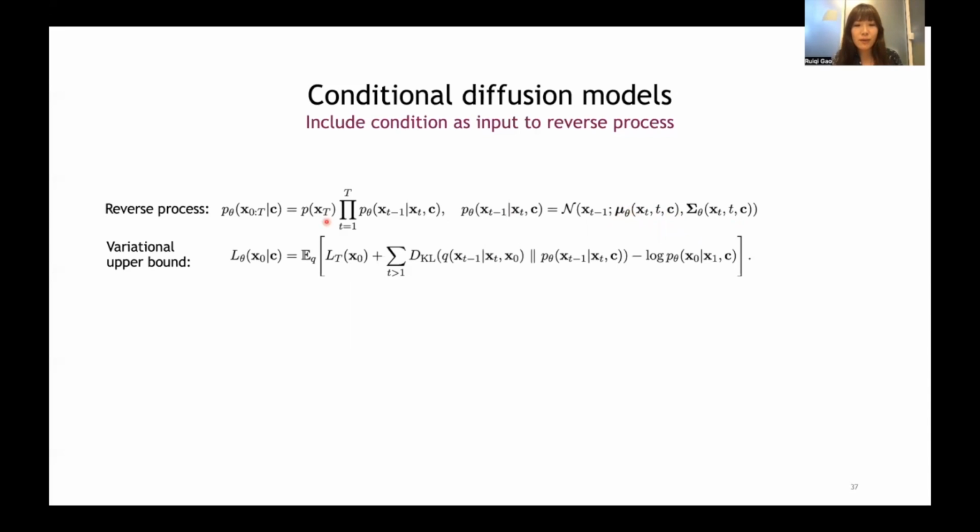And the variational upper bound only includes a small change, which lies in this KL divergence where we plug in this new formulation of the denoising distribution.